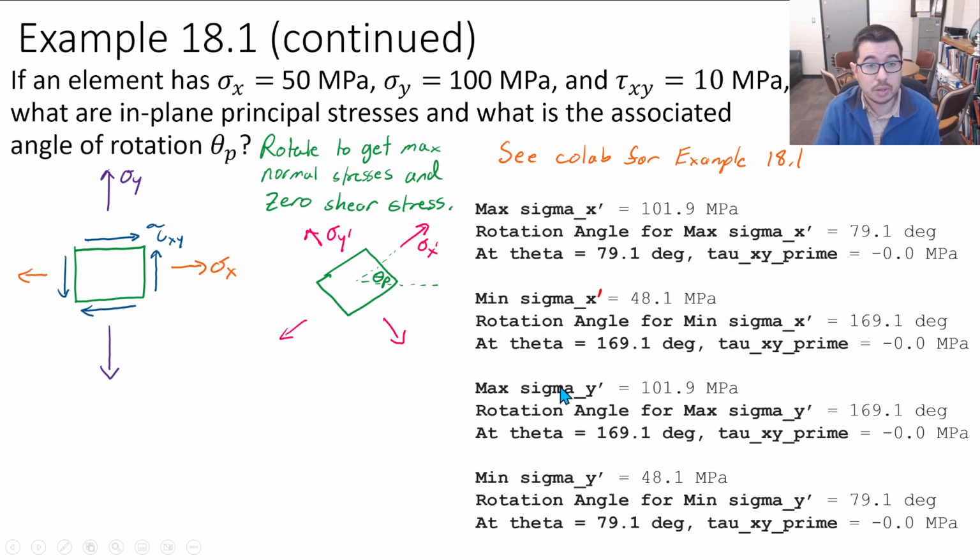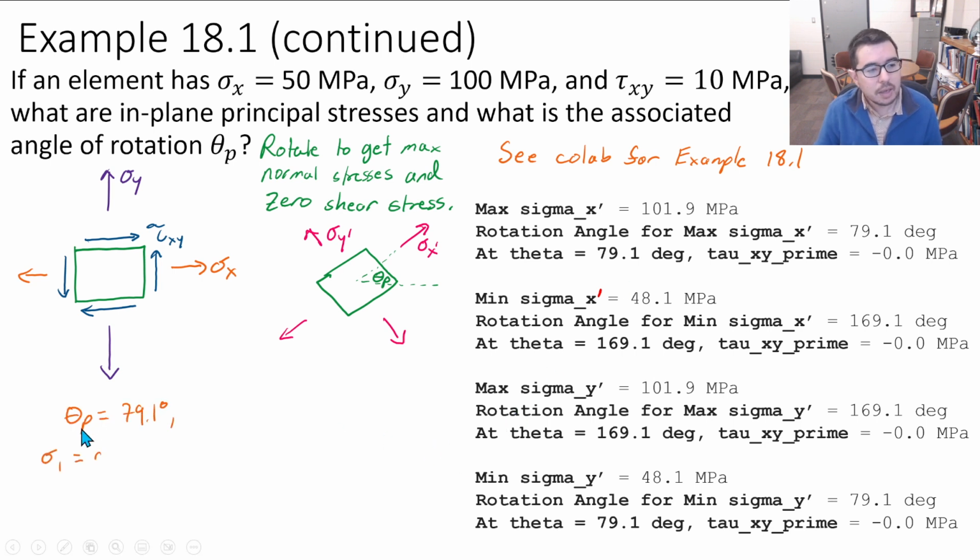And then we can also do the same looking at when sigma y prime is a maximum, when sigma y prime is a minimum, and then plot the associated shear stress as well. Okay, and we see that shear stress is about equal to 0. This is numerical, so it doesn't always spit out exactly 0. You see that there's a negative here. When you're doing numerical problems, as you've seen in the past, like when we did the rotations, you were getting things like 6 times 10 to the minus 17th or something like that. Those are essentially 0 when you do these types of problems.